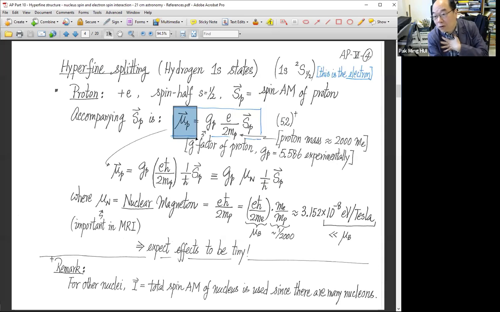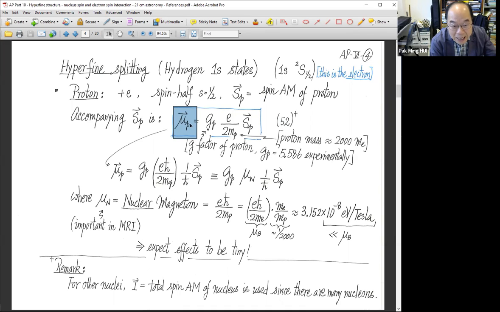We have a lot of protons because we have a lot of water, and water is H2O, and we have 2 H in each water molecule. And then there will be 2 proton nuclei in each water, and we are probing the splitting of this proton magnetic dipole moment in a magnetic field.